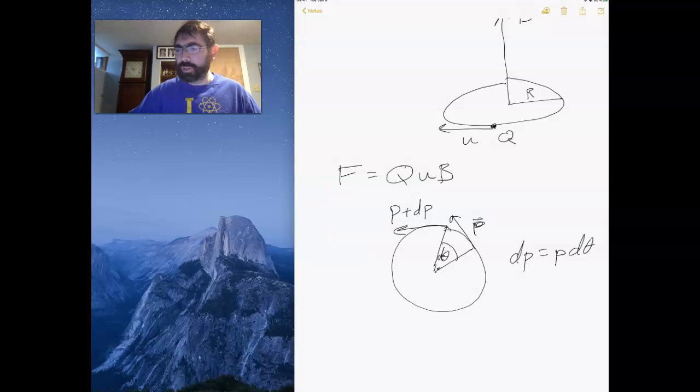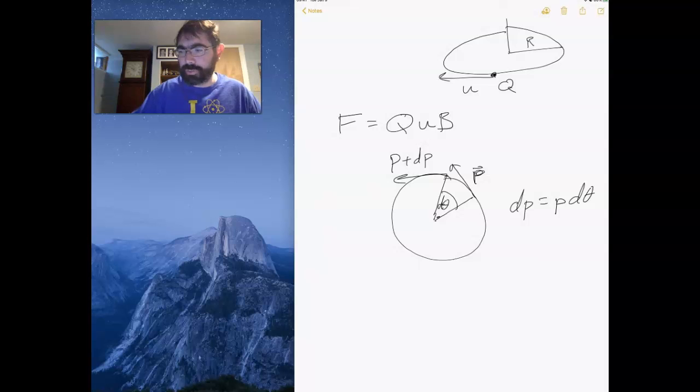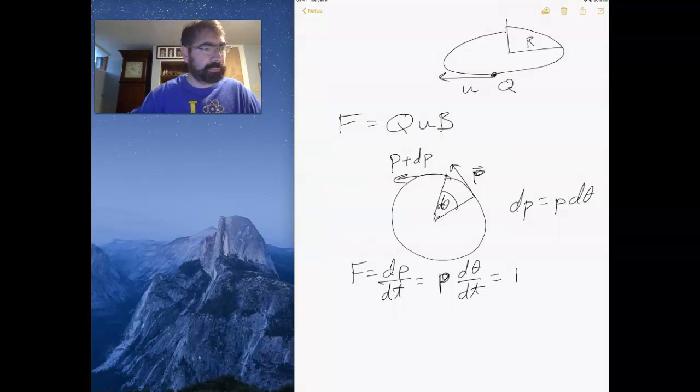Okay, so if we want to look at the force as the change in momentum over the change in ordinary time, then we would have the momentum and the change in angle with respect to time, which is essentially the momentum times the speed divided by r.